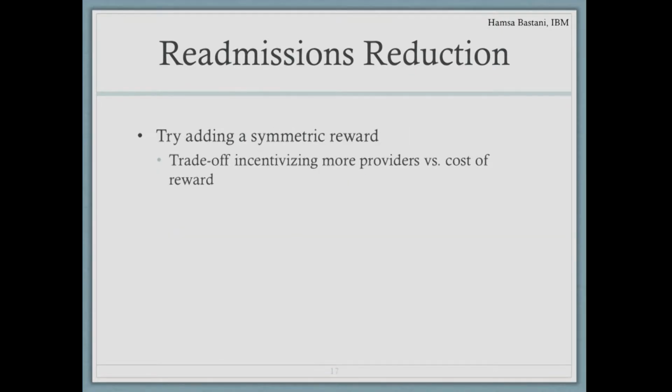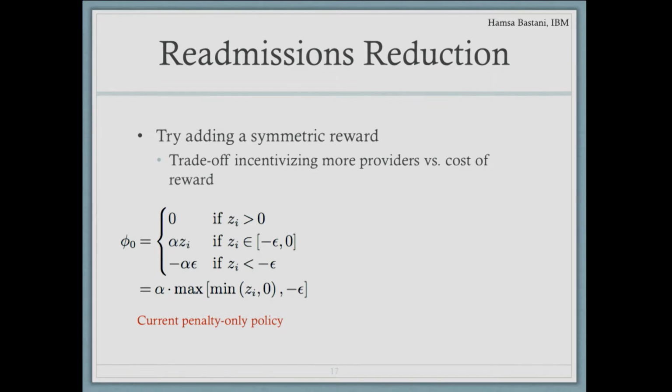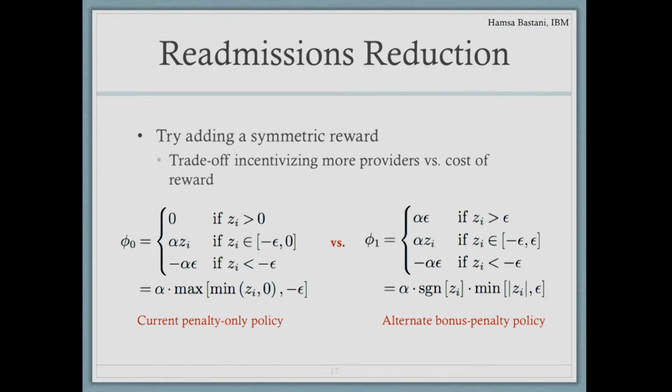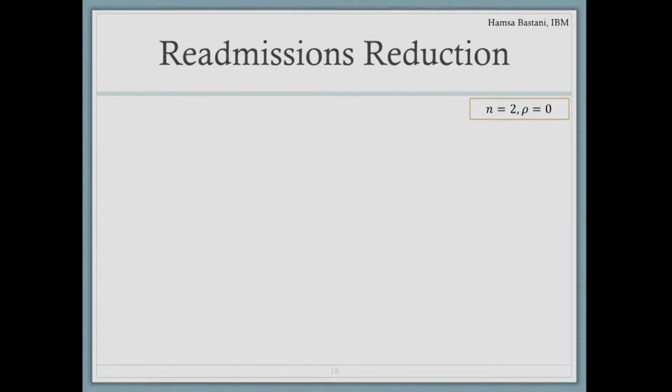Okay, so we tried plugging this into our theorem. You can cast the Medicare current penalty-only policy as phi naught, which is just a piecewise linear function. And then you can cast this new symmetric bonus-penalty policy that's more like value-based purchasing as phi 1. And you just plug in to see which one's better, g of phi 0 or g of phi 1.